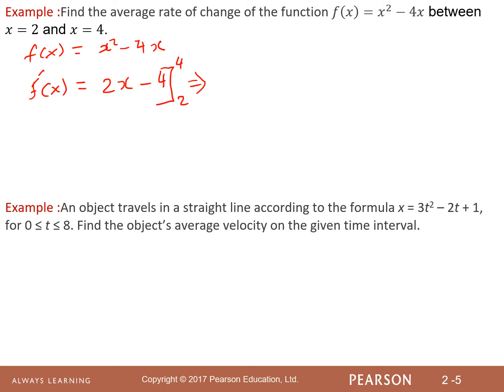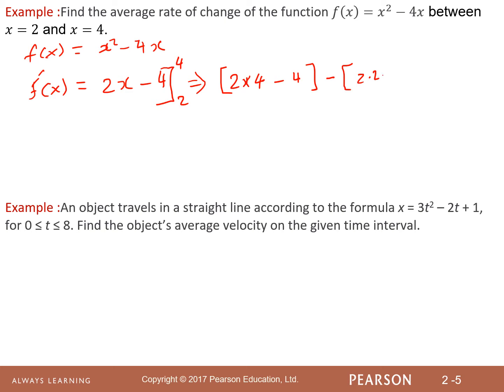Will be equal to what? 2 times 4 minus 4, minus 2 times 2 minus 4. Okay, 2 times 2 minus 4, good.